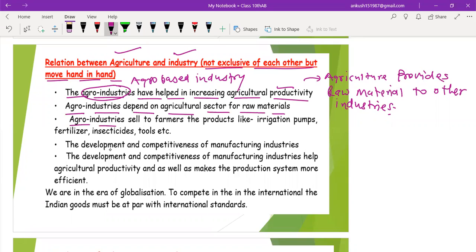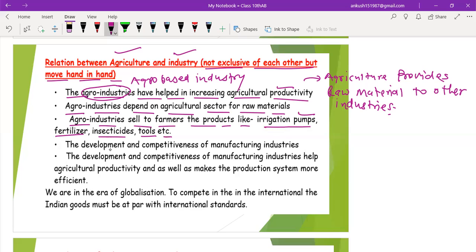Definitely. Agro industries sell to farmers the products like irrigation pumps, fertilizers, insecticides, tools, etc. These things are being sold to the farmers. By whom? By agro industries. Means they produce the pumps, the motors, the equipment which are totally usable there in the agriculture or real farm there on ground.